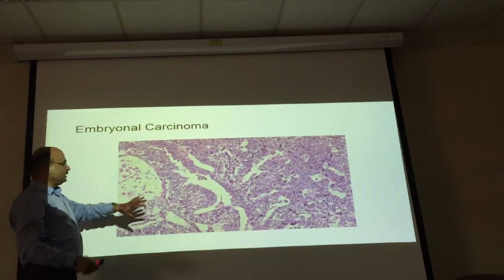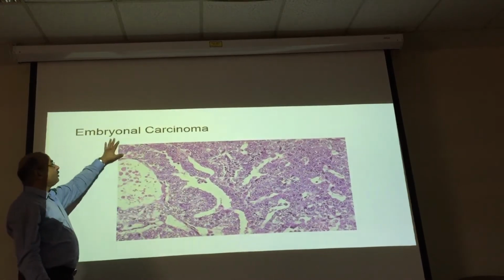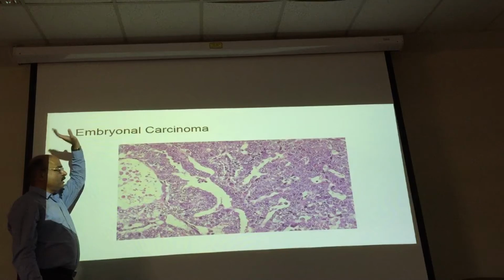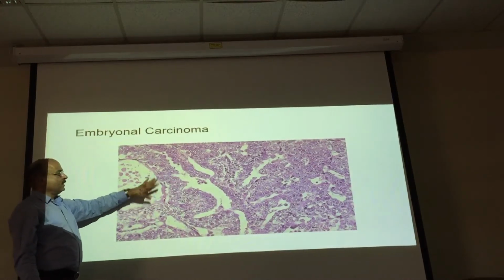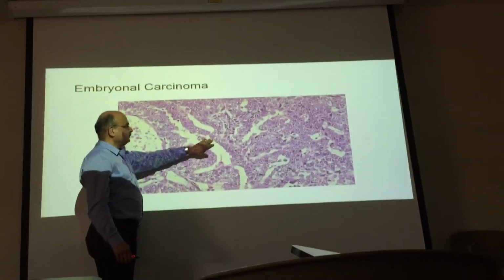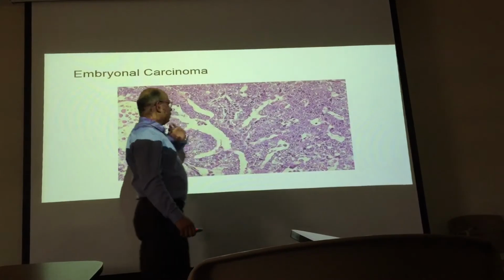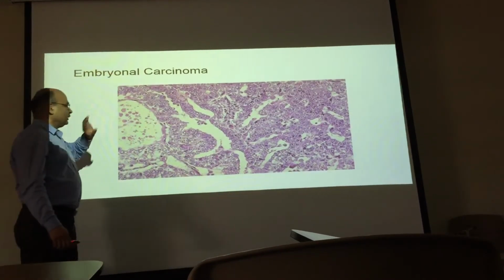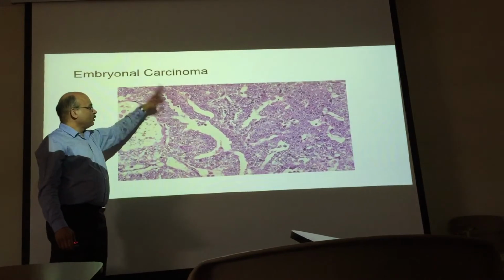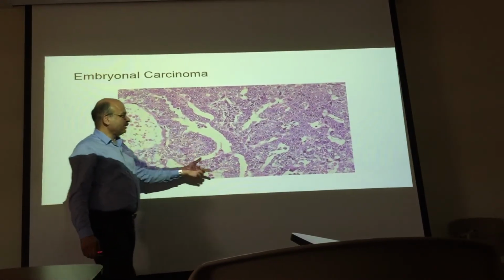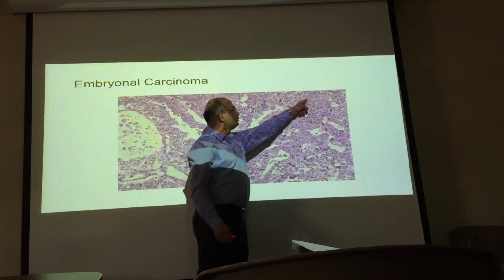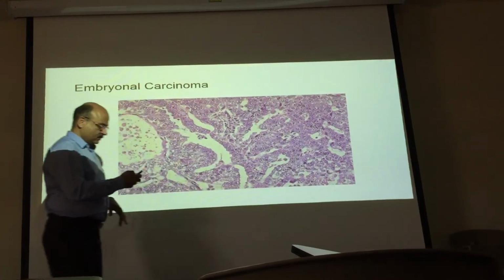So these are the features of embryonal carcinoma. Embryonal carcinoma comprises large cells with basophilic cytoplasm and nucleus with prominent nucleolus. They form glandular or tubular structures, or sometimes cords of cells. They may form some solid sheet-like areas.